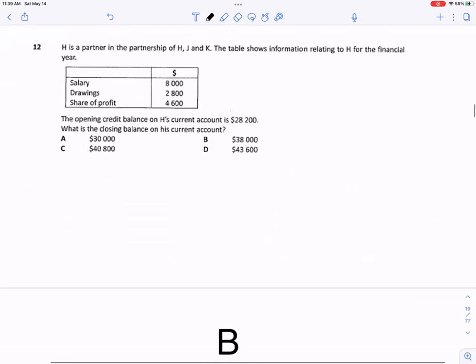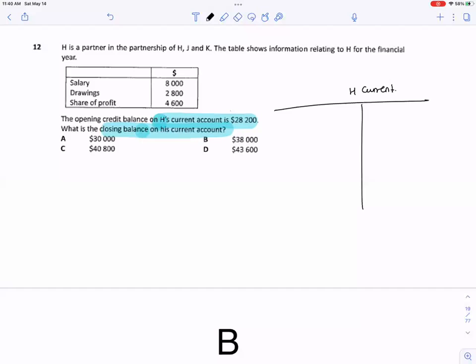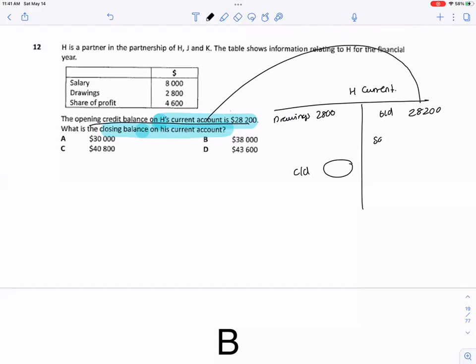So it will be 50% for both, right? It will be divided into two. So he has an opening credit balance. We have to find the drawing on the debit side, 2,800.